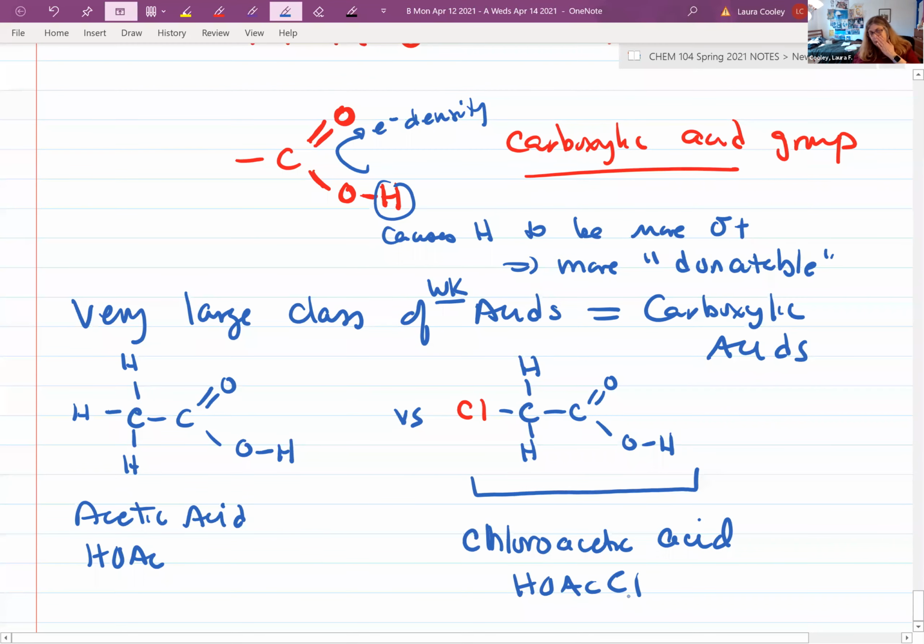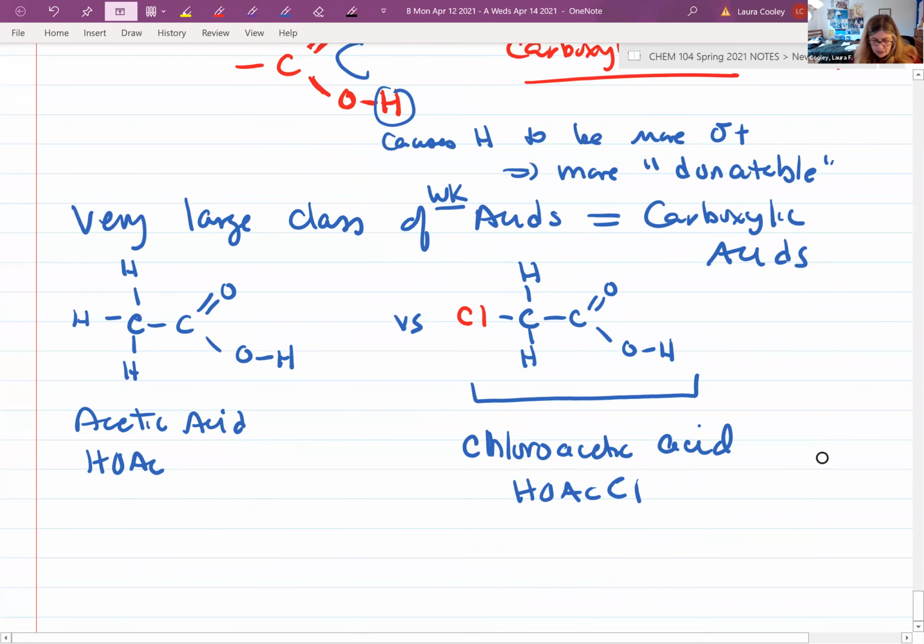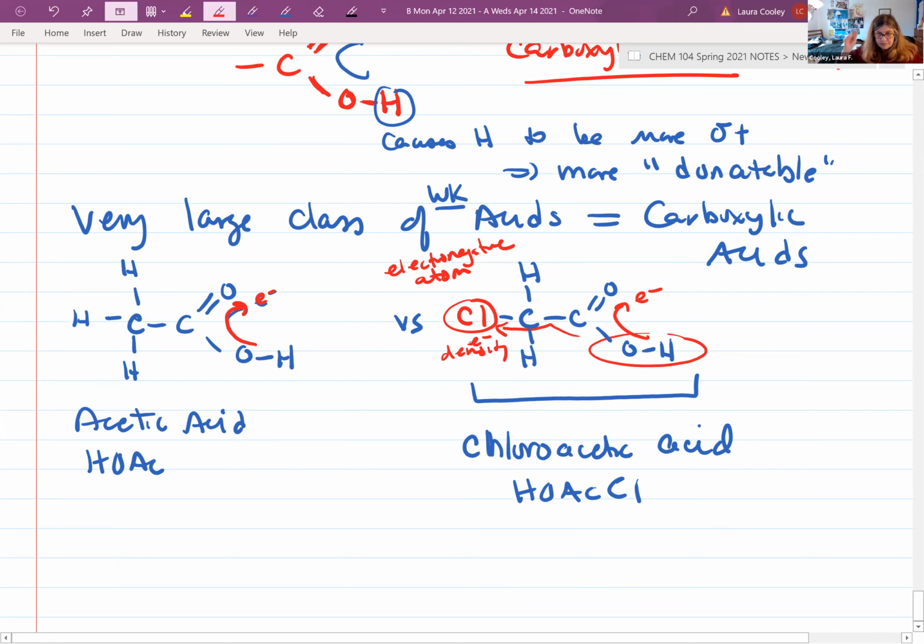HOAcCl. Okay. And now you could see, in both of these, we have this pull of electron density by induction this way. But here we also have an electronegative atom that will also pull electron density away from this region.